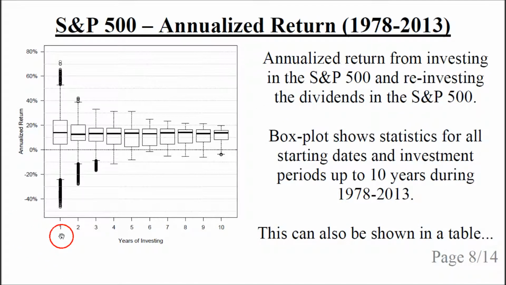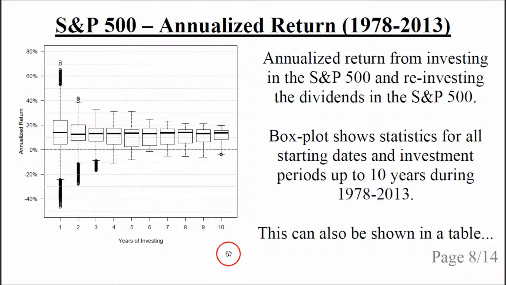So for 1 year investment periods, we have a median annualized return of maybe 14%. And the lowest is down here, and that is almost minus 50%. And the greatest is more than 70%.